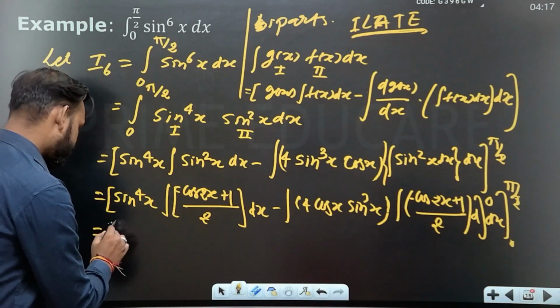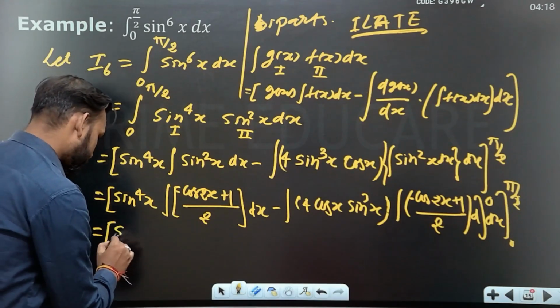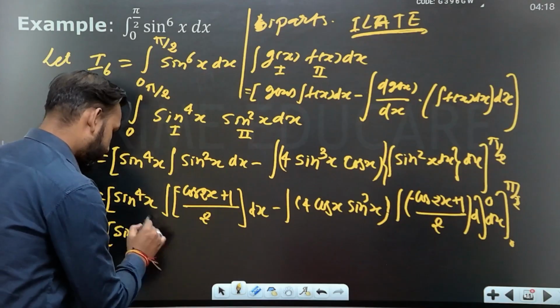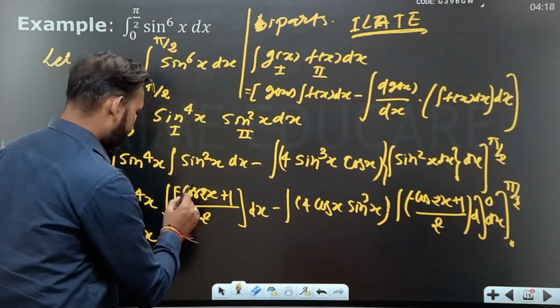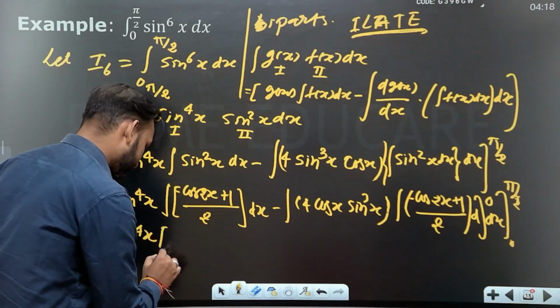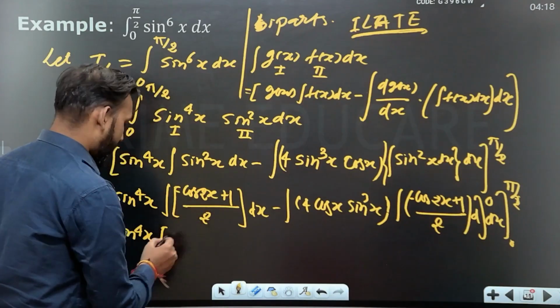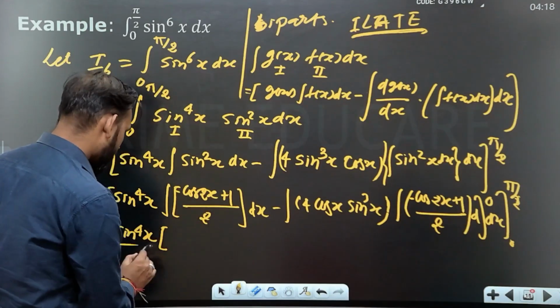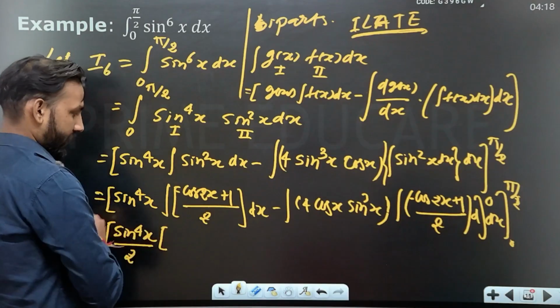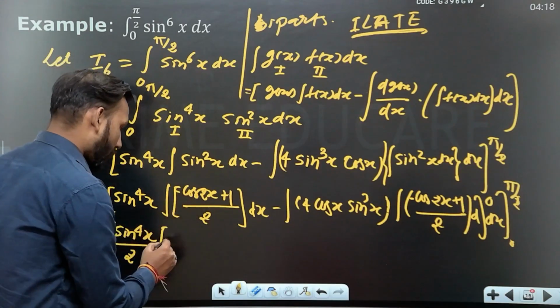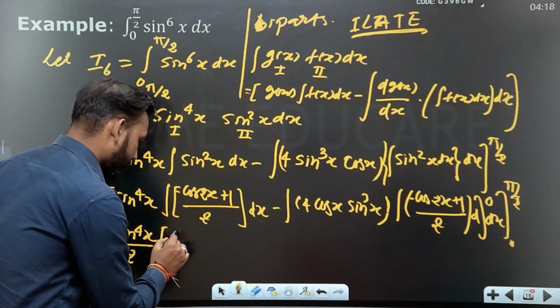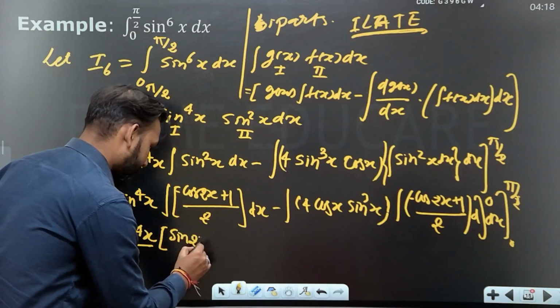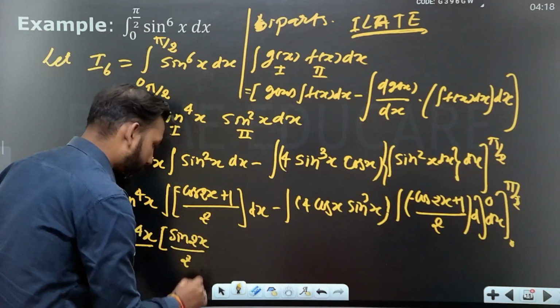We get sine to the power 4x, and the integration of this thing: the 2 can be written here, and cos 2x gives sin 2x divided by 2.